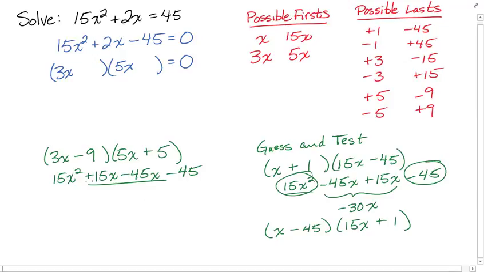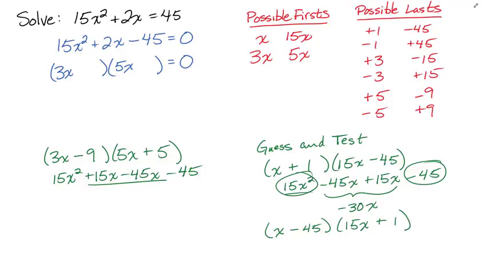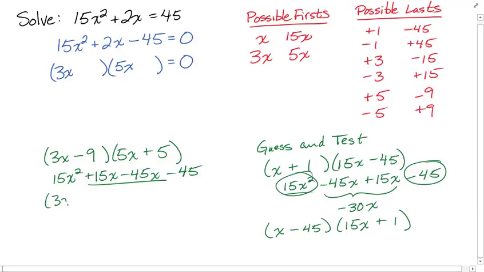Would it work if we just swapped the signs and made it a plus 9 and a minus 5? Well, swapping signs, let's just double check. It's going to have a predictable result. 15x squared when we FOIL this out. Outer is a minus 15x.